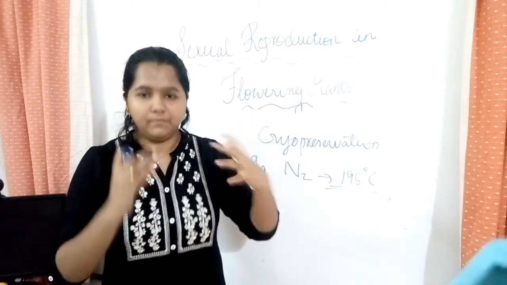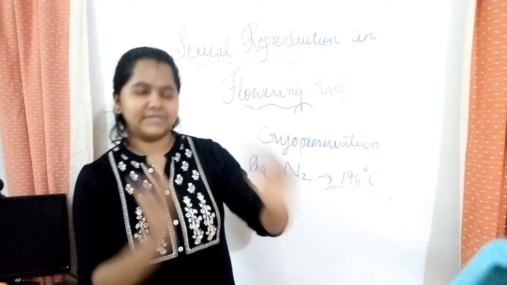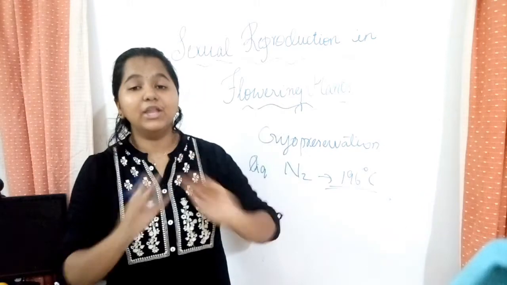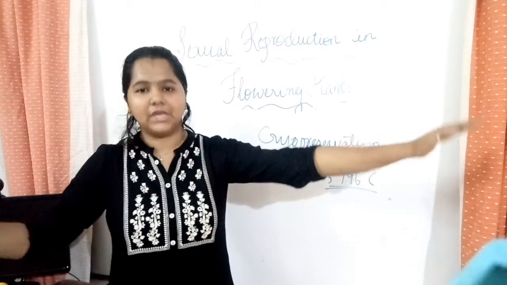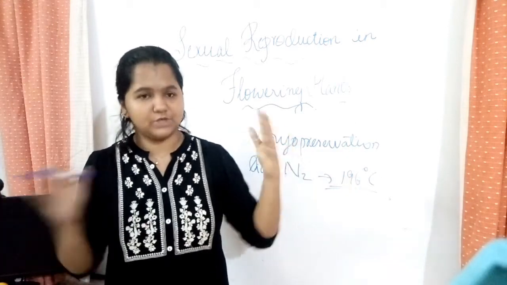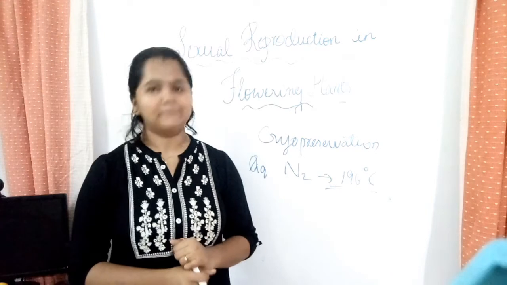Then you can get the progeny, and that progeny would be preserved, and the seeds or the pollens from that are again used, and you can actually extend the life or the continuity of the generations of that plant.